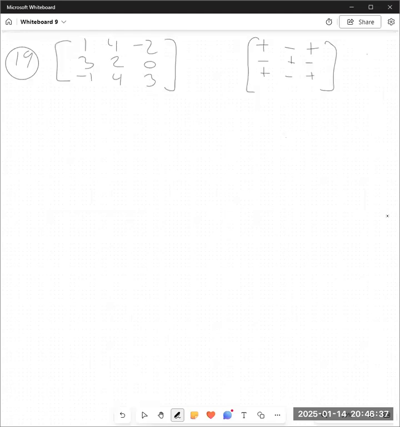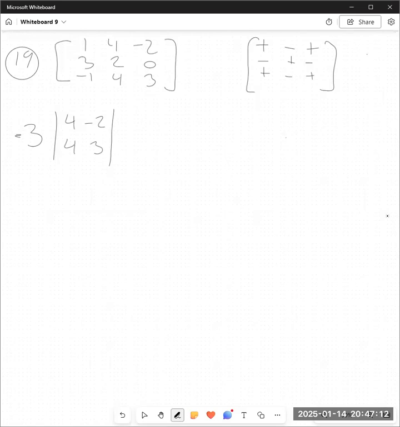When I want to expand on a row or a column, it does not matter which. I pick the easiest for me. Probably pick something that uses this 0, and it's just as easy here, and I'll use the positive number. So 3 is in the negative spot, so that becomes a -3 times, and I'm going to cover up the row and the column that 3 are in, and that leaves me with 4, -2, 4, 3.